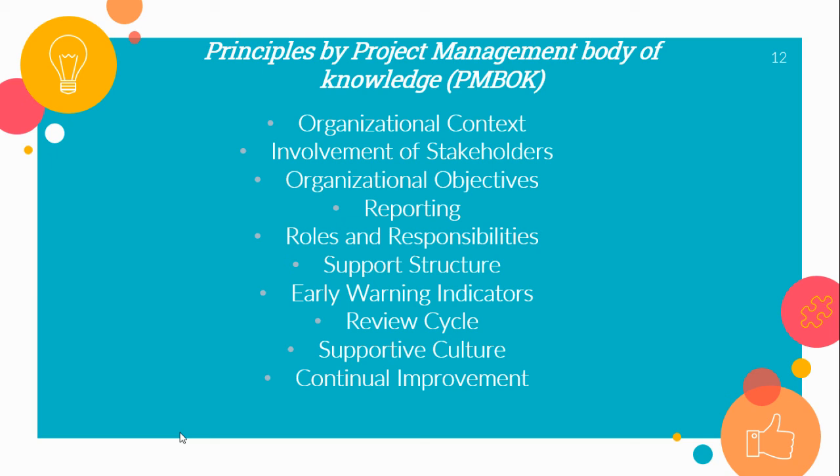Third is the organizational objectives. When dealing with risk, it is important to keep the organizational objectives in mind. The risk management process should explicitly address the uncertainty. This calls for being systematic and structured and keeping the big picture in mind.